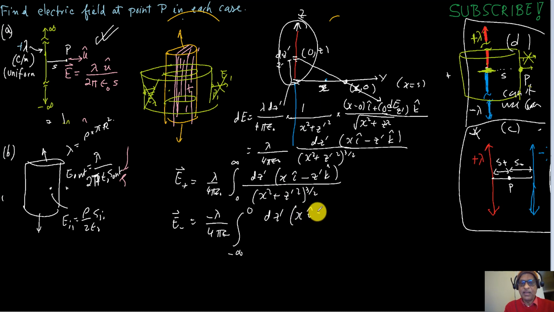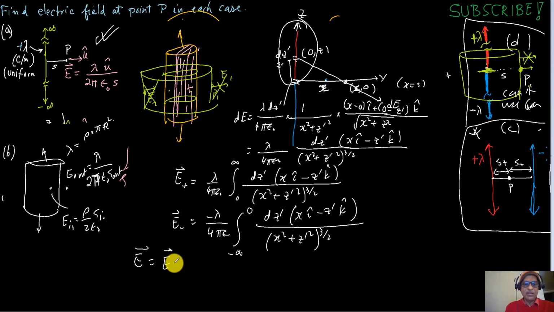Then E will be just E from the plus charges plus E from the minus charges, so you just have to add this up.